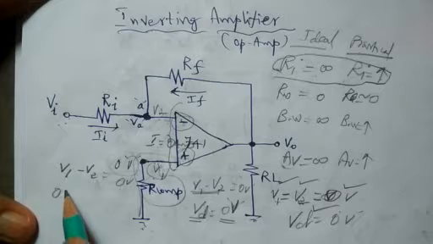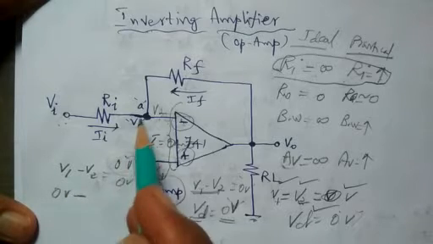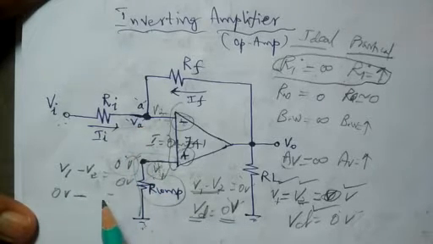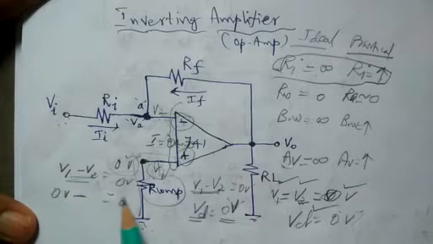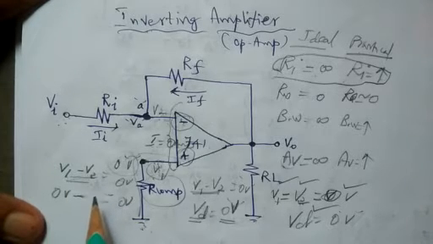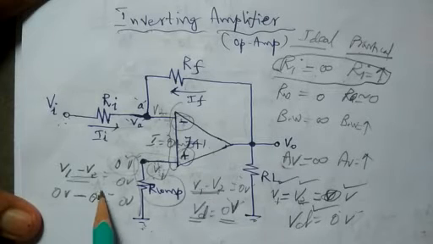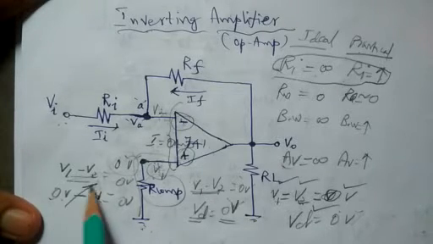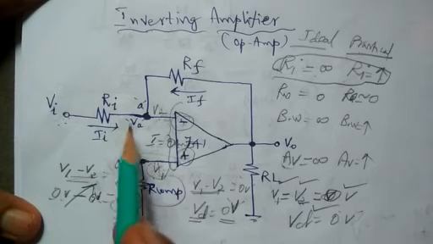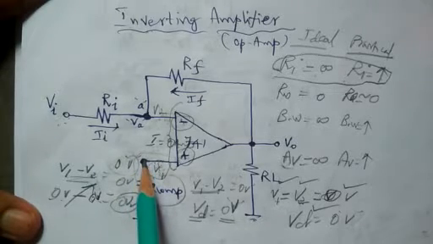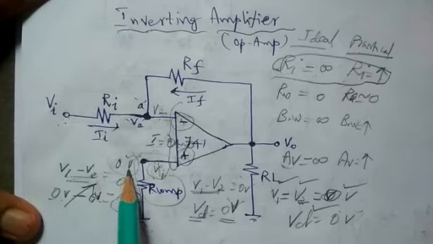Here V1 is 0 volt, minus V2, which we don't know, but the entire difference must be 0 volt. So the potential at this terminal V1 is 0 volt.